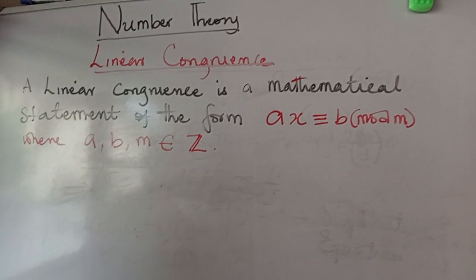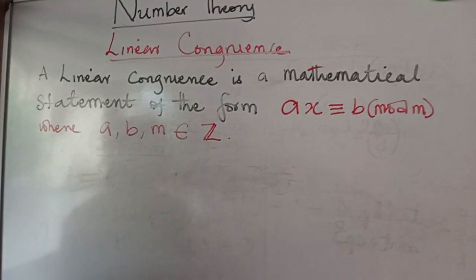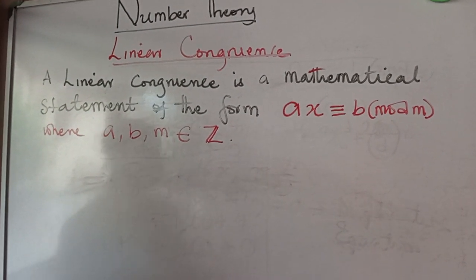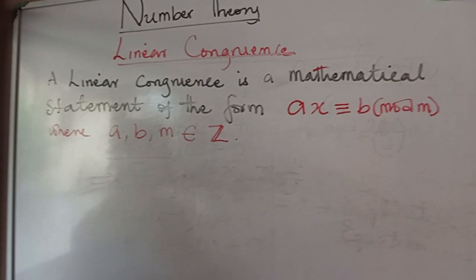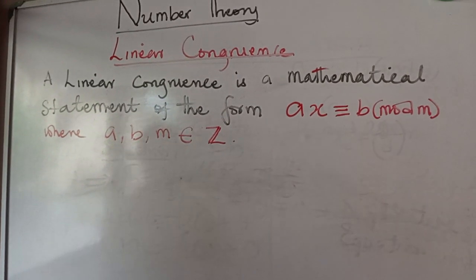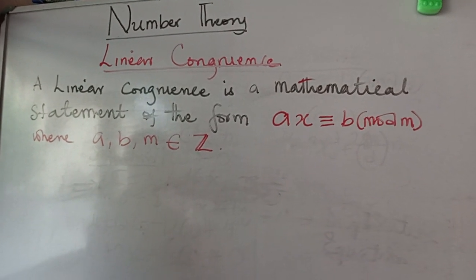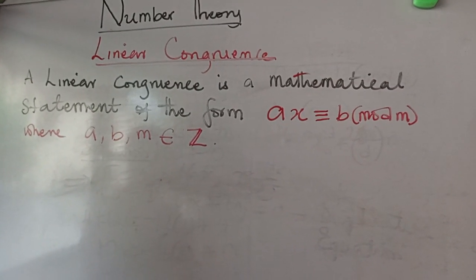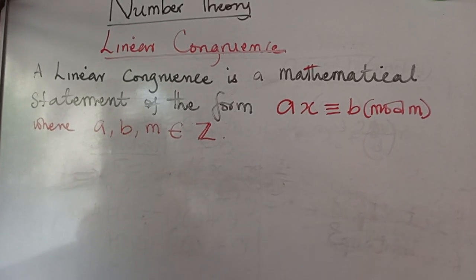Now, if the GCD of a and m is 1, then it automatically means that you can have an infinite number of solutions. But there are some cases where we can have a particular number of solutions, which we are going to look at. In that case, we look at a particular solution, and then we look at many other solutions.